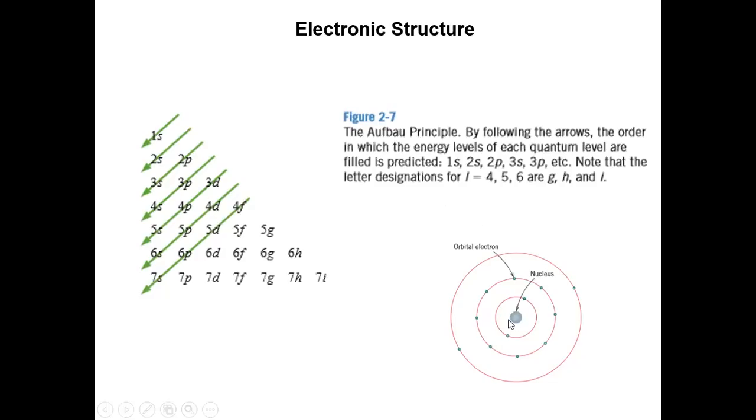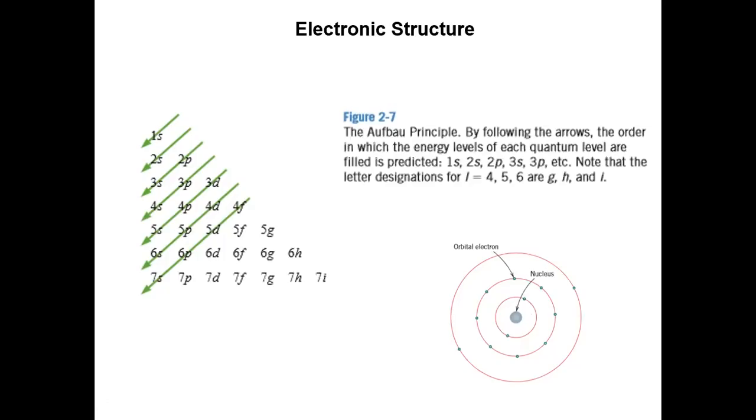Here you have the nucleus, then you have what we call orbits, and electrons in the orbits. So these are specific locations. Now we use the electronic structure to express how the electrons are located around the nucleus.